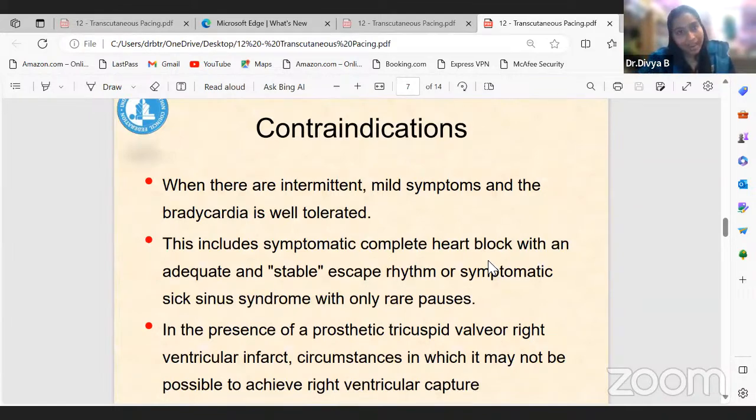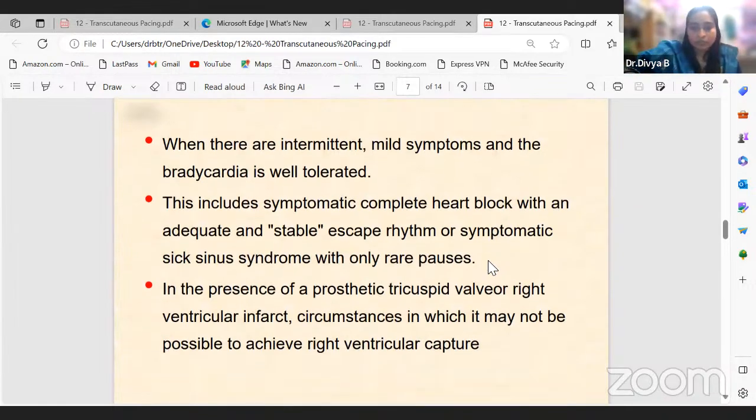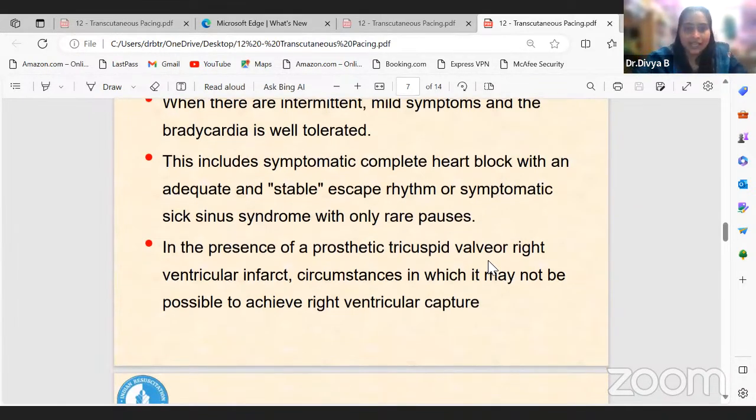And like we already discussed, a prosthetic tricuspid valve or right ventricular infarct, because of the risk of acute ischemic failure, as it requires much higher milliamps to generate an impulse in these patients.